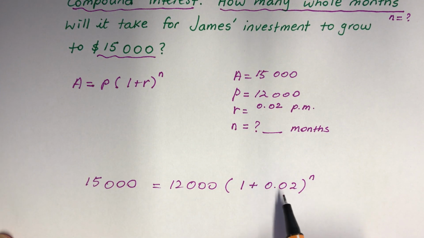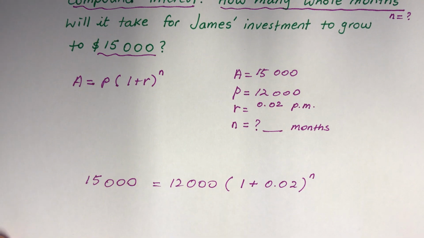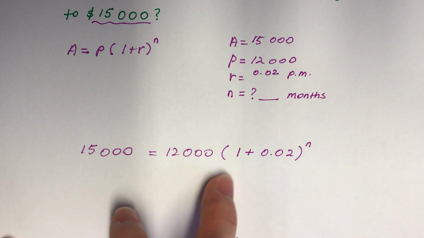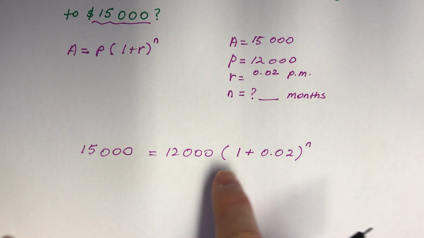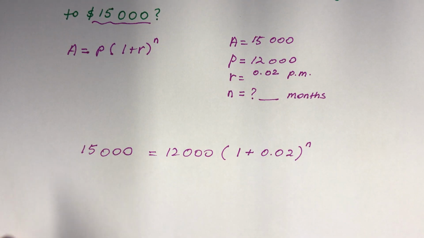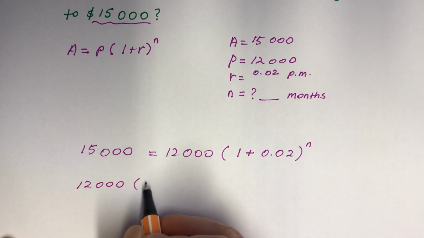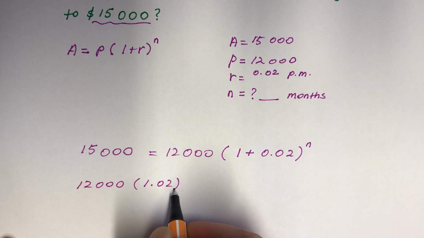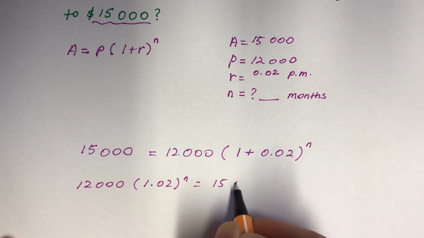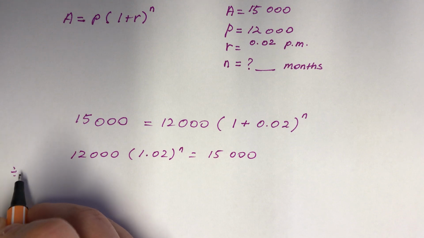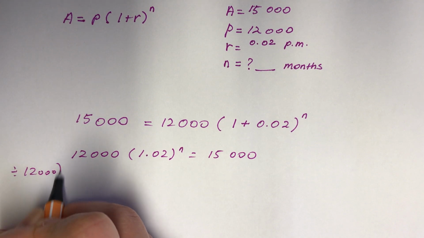Don't do 1 plus 0.02. I mean, at the beginning, yes, because you don't want to make a silly mistake. That's okay. So I'm going to just swap this because I want this on my left-hand side. I just feel comfortable that way. 1.02 to the power of n equals 15,000. Okay, that's not bad. Now I'm going to divide both sides by 12,000.